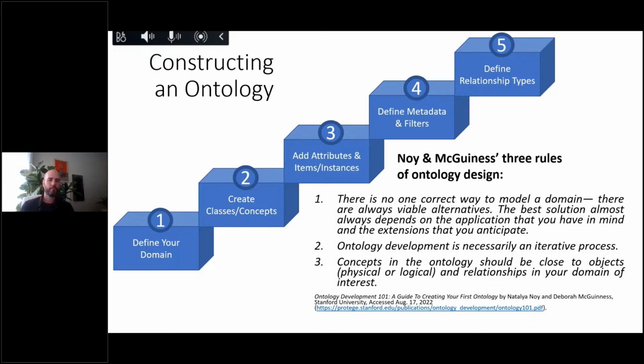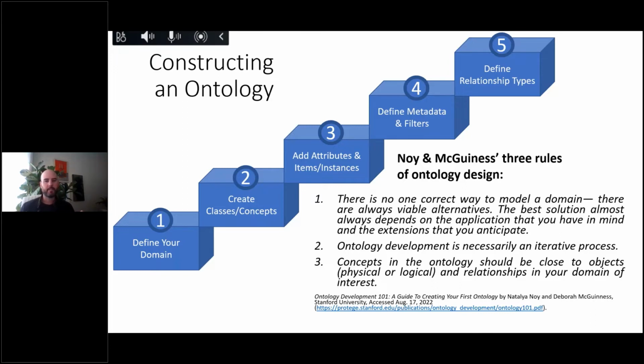But there are 3 rules in that paper which I thought were really insightful that I just wanted to share. So the first one is that there is no correct way to model a domain. There are many alternatives available. And the best solution really depends on what your specific requirements are, what you anticipate the future needs of this knowledge graph will be, and how that works with your data.